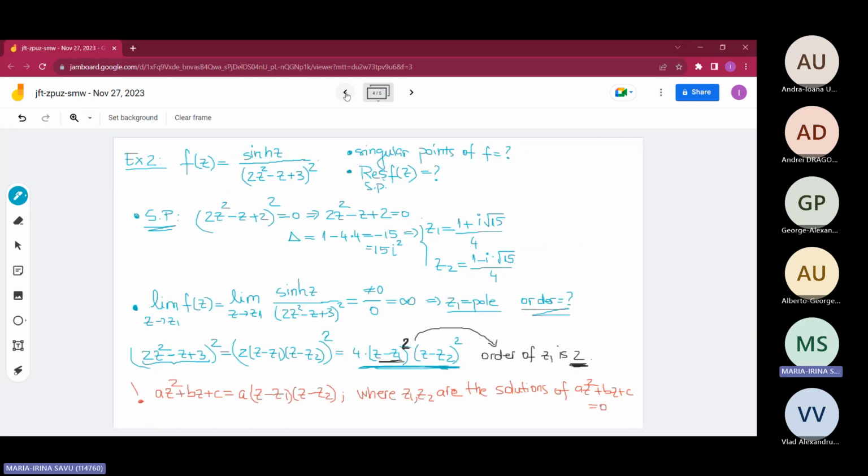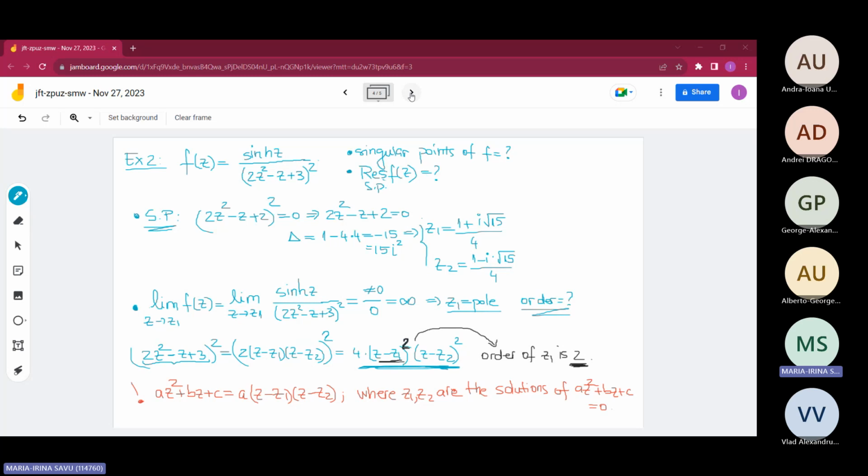And of course, if you compute the limit when z goes to z2 of f of z, you will again obtain infinity, so z2 will also be a pole. And if you look at this expression, you will see that the order of z2 is also 2.